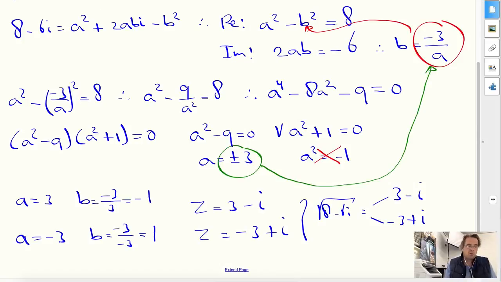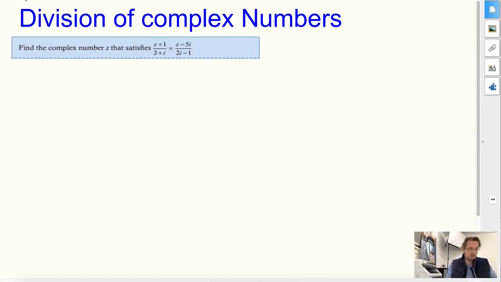Now the other thing that we can do with complex numbers is divide them. And yep, got my preparation here. There's something nice about division of complex numbers. Let's first divide a + bi over c + di.